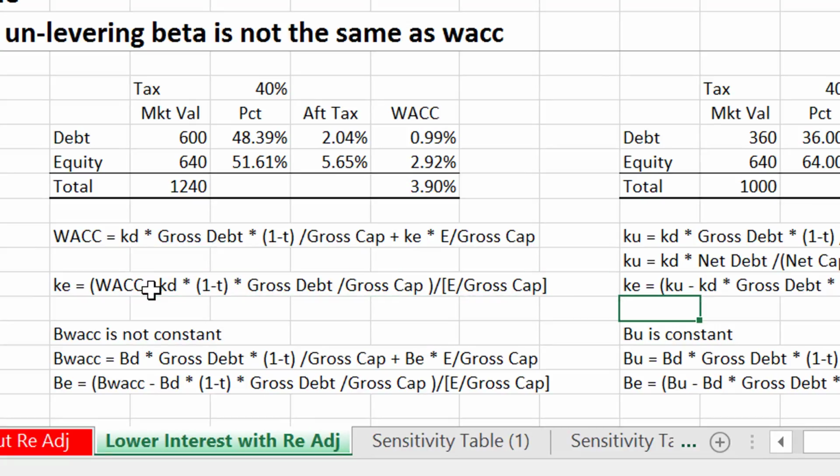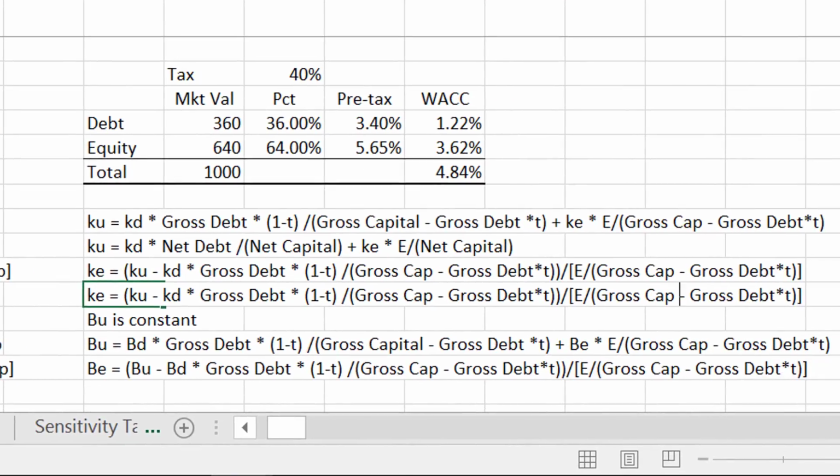Then we can do the same thing for the cost of equity, and that's not very difficult. You do a tiny little bit of algebra, you bring the cost of equity to this side, and then you divide it by the equity capital.